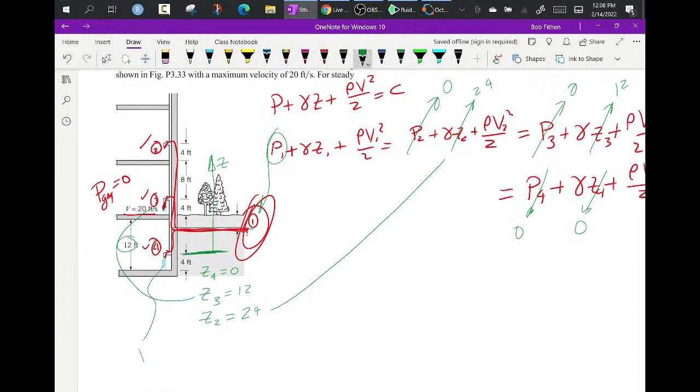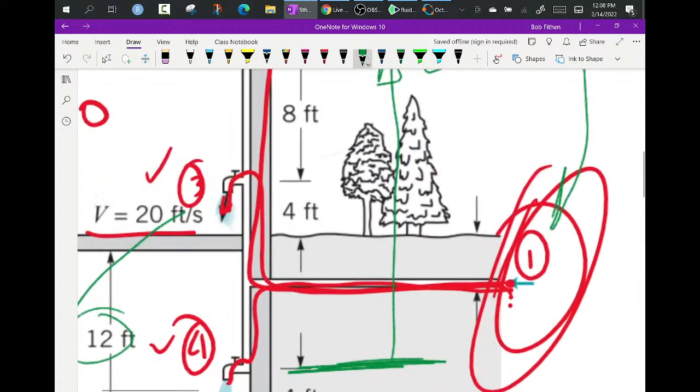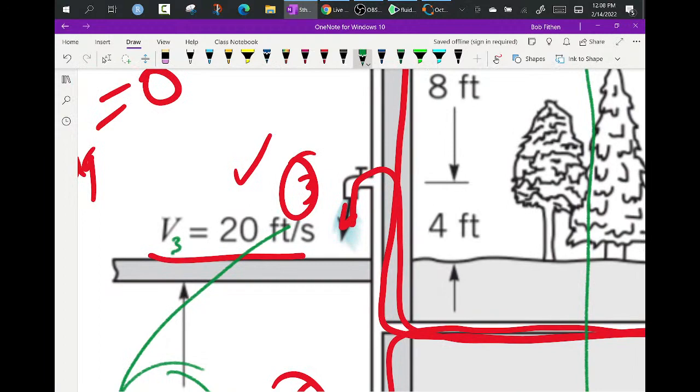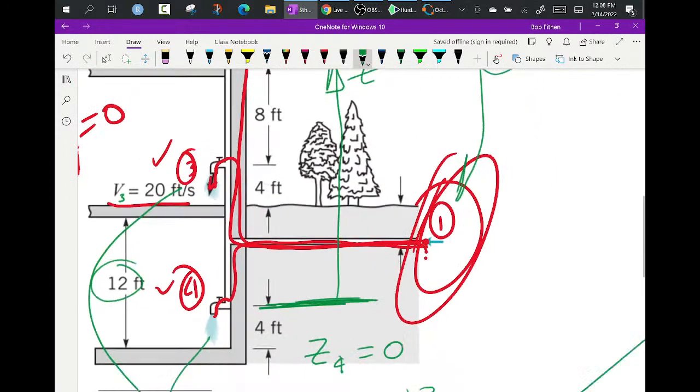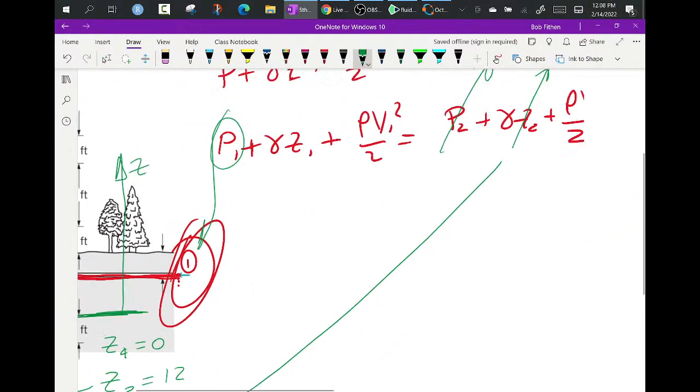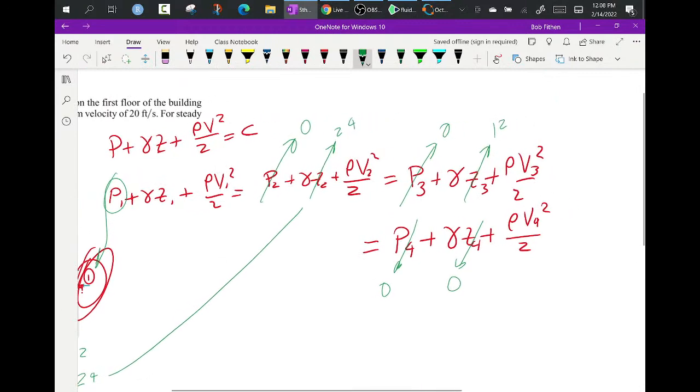Okay, I don't know the velocity of 4, and I don't know the velocity of 2, but I do know the velocity of 3. It's 20. Suddenly, I have one of the values that I can figure out the constant from.